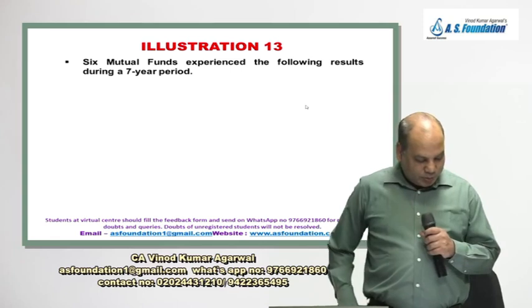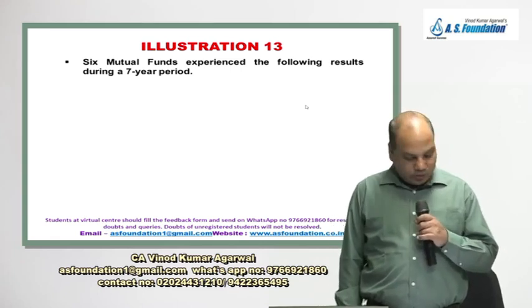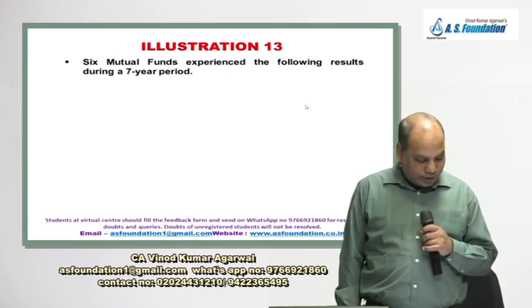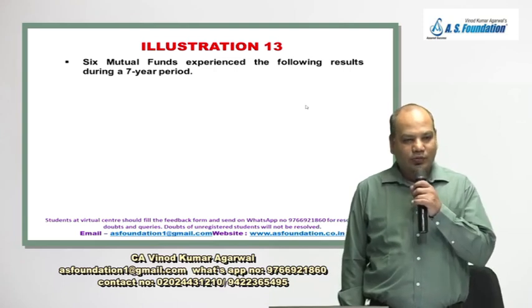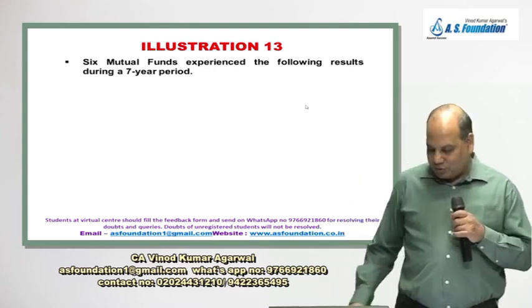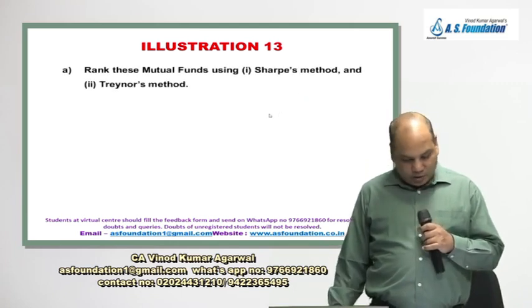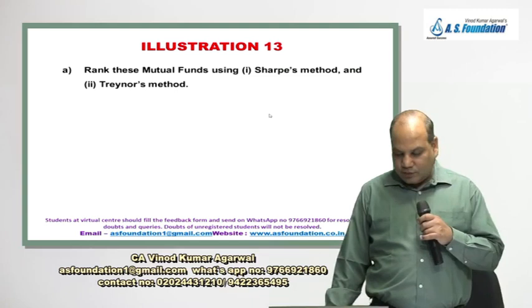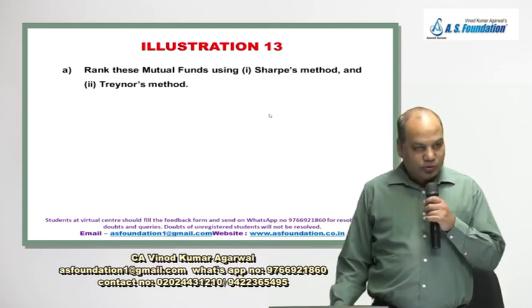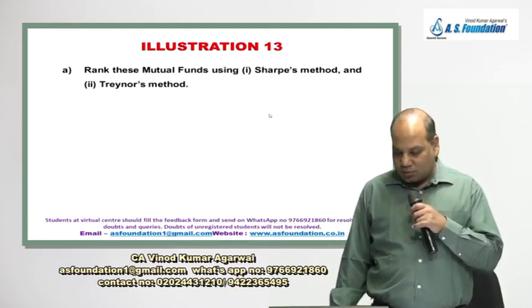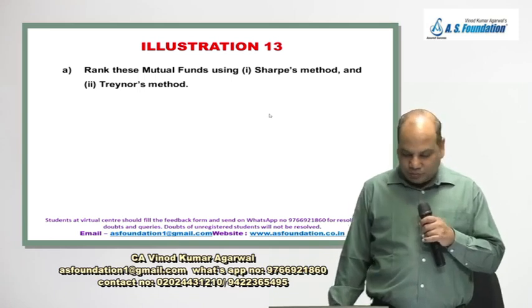6 mutual funds experience the following results during a 7-year period. Mutual fund, average return, standard deviation, correlation with the market. Oh, so now they have given you correlation. Rank these mutual funds using Sharpe and Treynor.